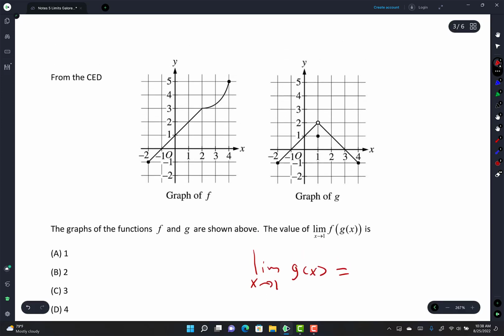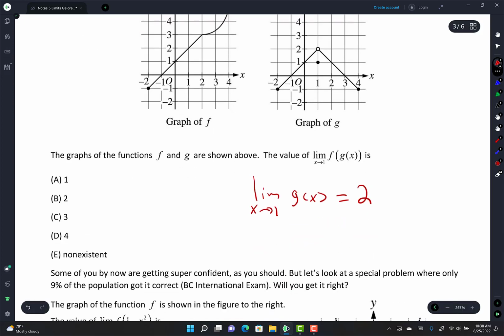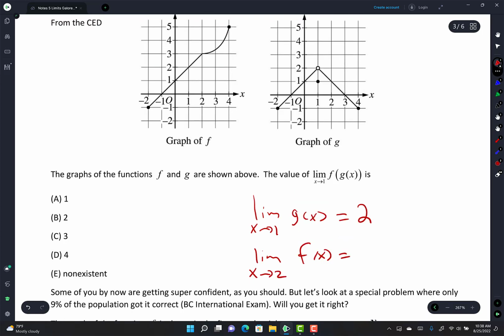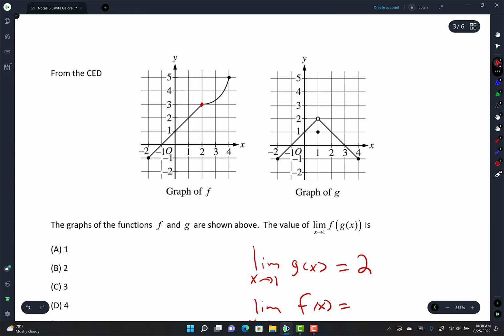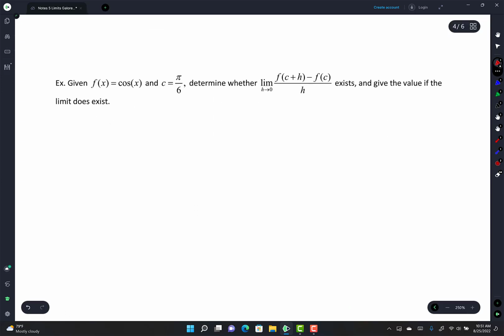Here's g. What's that limit? Perfect. Good job. So now I'm going to write limit as x approaches 2 of f of x. So what's that? 3. Do you see it? I wonder if these 9% truly knew it. So how many of them were guesses?